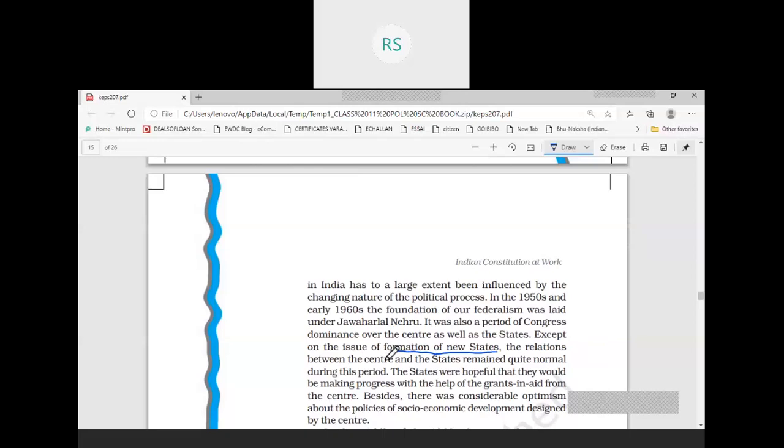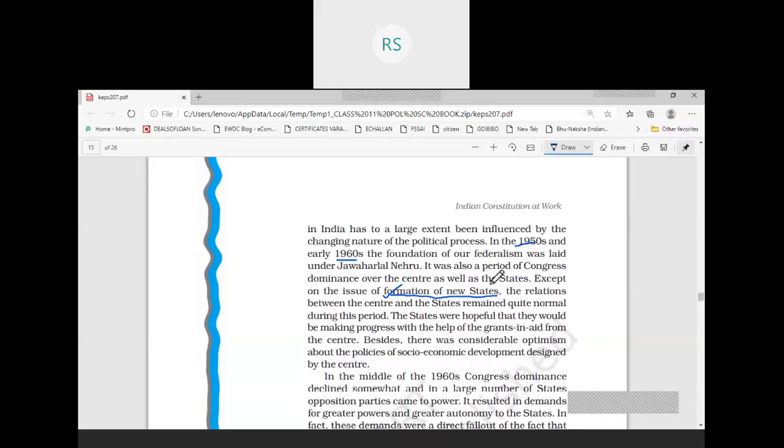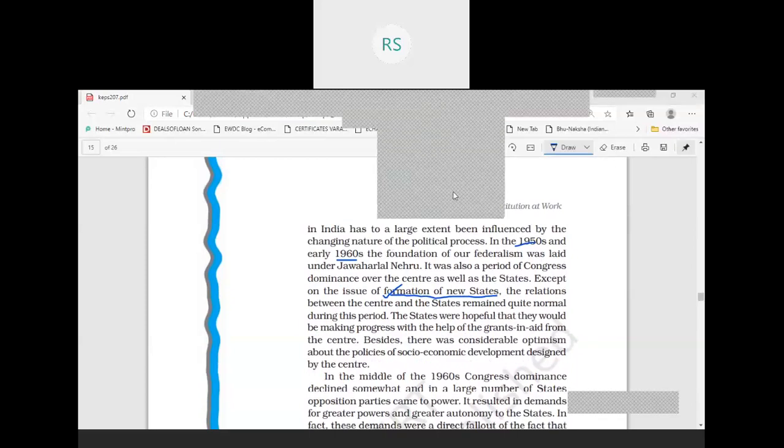Other than this, there was no tension between the center and the states in the 1950s and 1960s. Okay, so after that, we see that different types of problems arose, and we will discuss this in the next class.